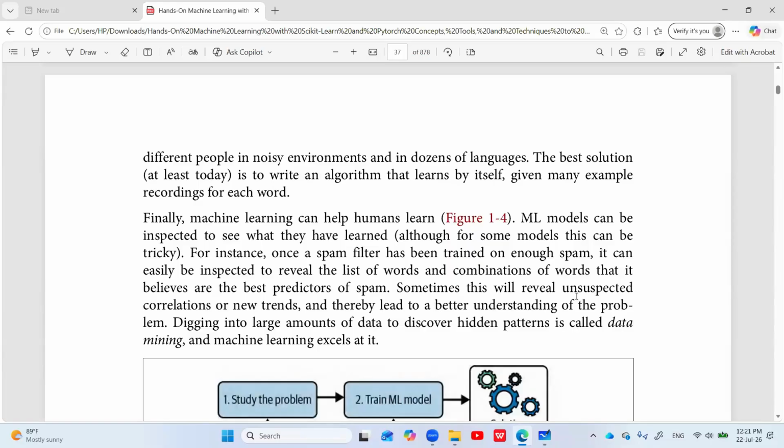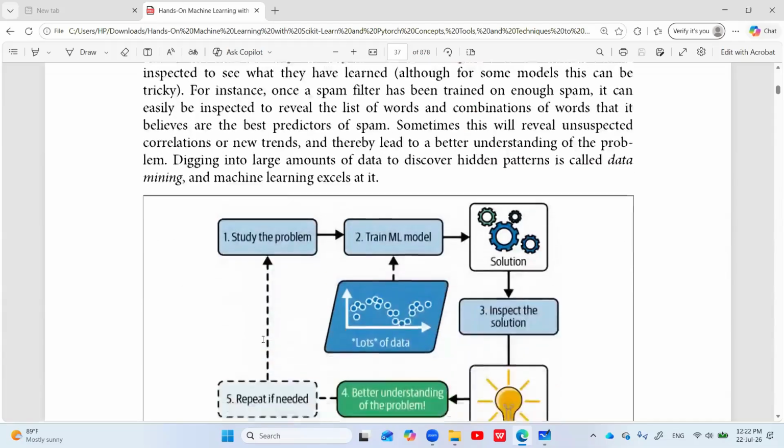Sometimes this will reveal unsuspected correlations of new trends, and thereby you can understand the problem better. You can understand several things that you have not already known using machine learning.